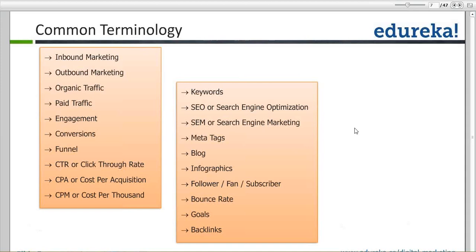Similarly, if I compare the cost per acquisition to an industry like, let's say, the e-commerce industry, which is into selling all sorts of goods, let's say Flipkart. The cost per acquisition will not be much higher because they are selling a whole range of products. So there can be different users interested in different products. So the number of users who are coming in and actually making a purchase will be higher.